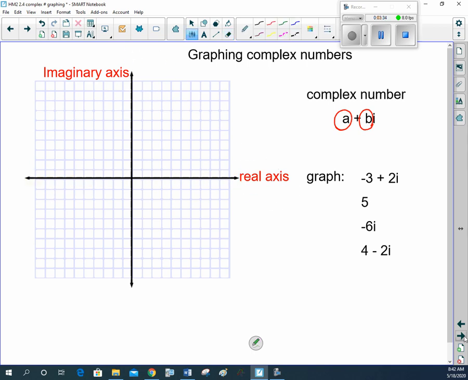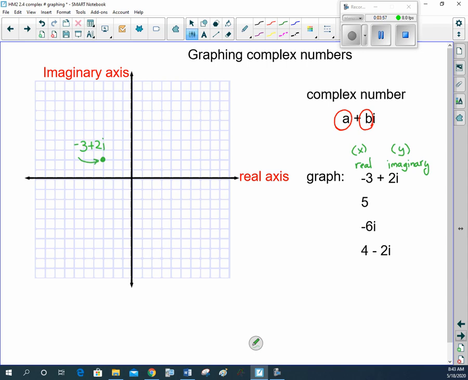I'm going to go left 3 because this is the real part, remember? So this is the real and this is the imaginary. That corresponds with the old x and that corresponds with the old y. So I'm going to go left 3 and up 2. And that's my complex number right there. That's negative 3 plus 2i right there.